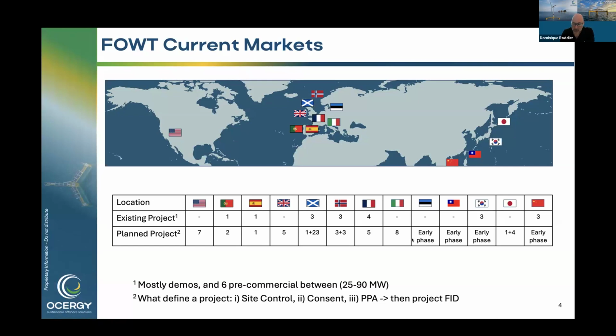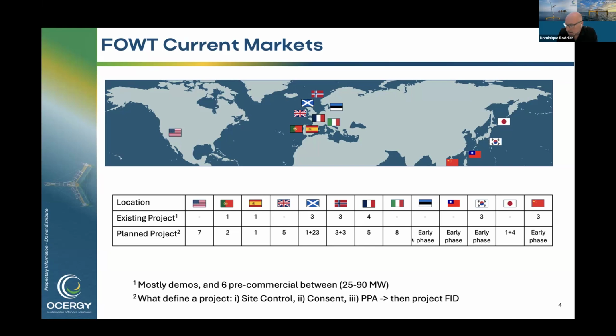This is how much you're going to sell your electricity for. Once you have all that, and that's usually anywhere between 3 to 10 years, maybe sometimes more, then you can run your COE analysis and you have a project. If the economics are correct, then you can start going into the detail engineering and fabrication and so on.